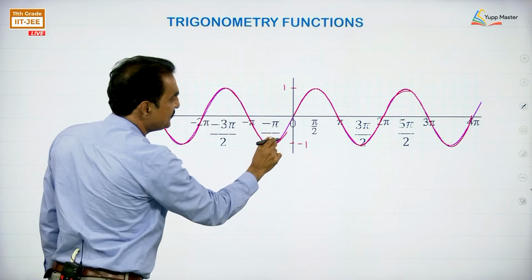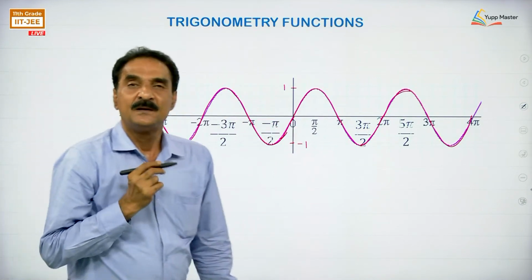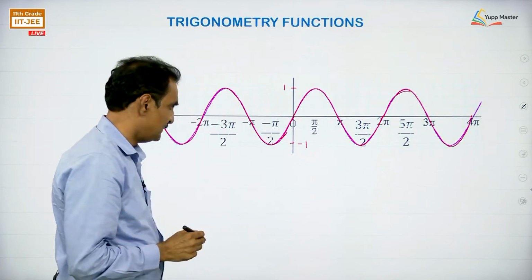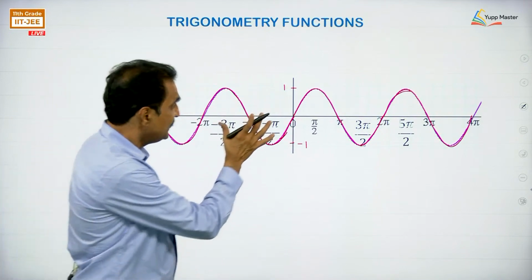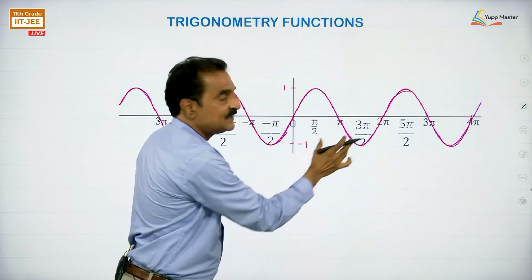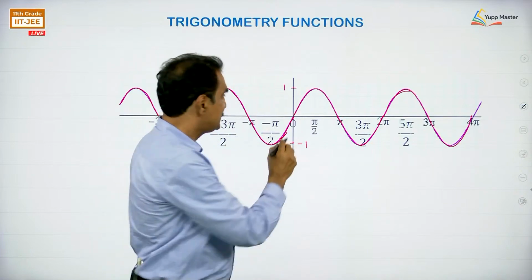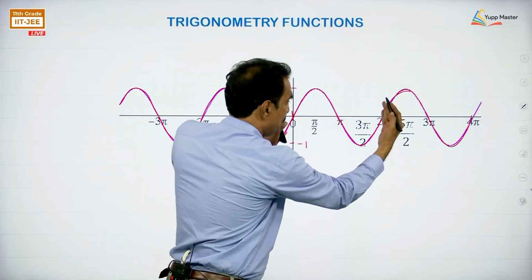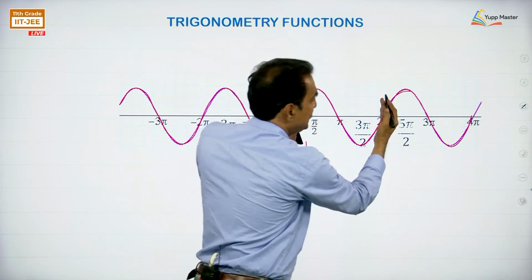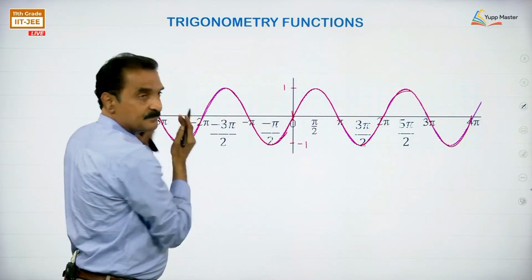Now, let us observe a few things from this graph. First, see, the value of sin x is repeating for every 2 pi radians. See, from here to here, the length is 2 pi, the same graph repeats everywhere.